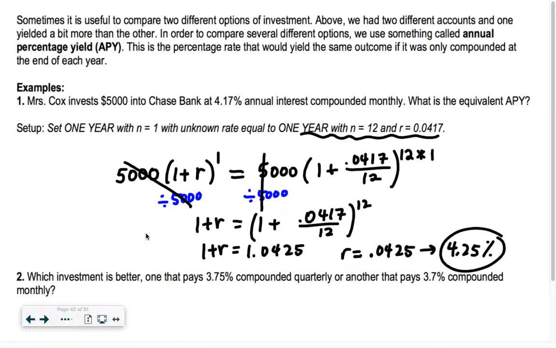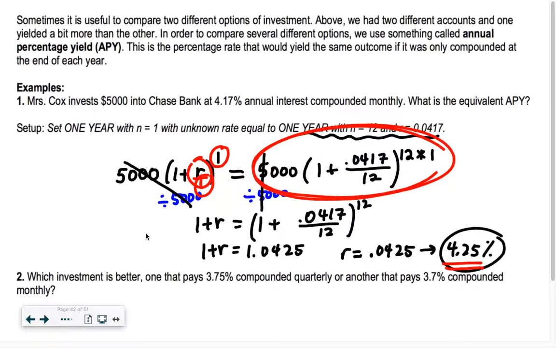So I know it's a little weird what we just did. We used our normal equation, and we said, well, what's the equivalent rate if I just compounded? So if this was like divide by 1, raise the 1. So if I just compounded 1 time at the end of a single year. So at the end of a single year, I would have had this much money, 4.25% increase.